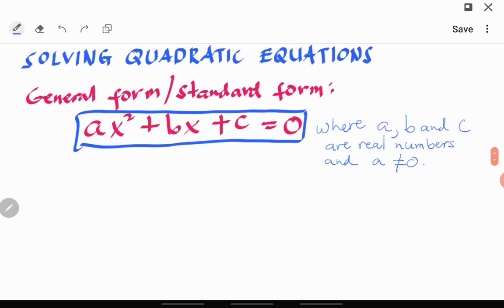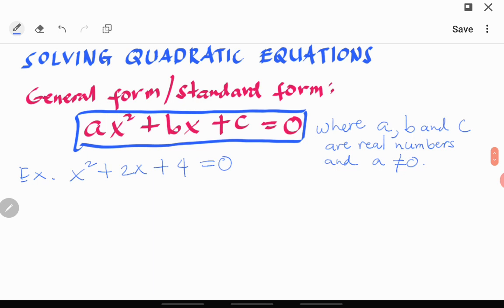Now, I will give you examples of quadratic equations in standard form before we proceed to the different methods of solving quadratic equations. So, let's have some examples, and we will identify the coefficients a, b, and c. Okay? So, first example is x squared plus 2x plus 4 equals 0.